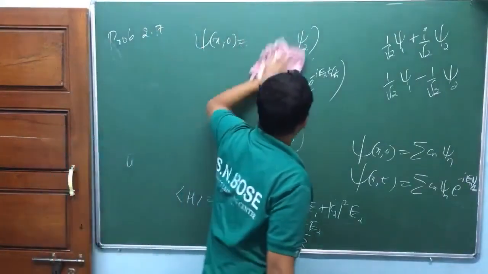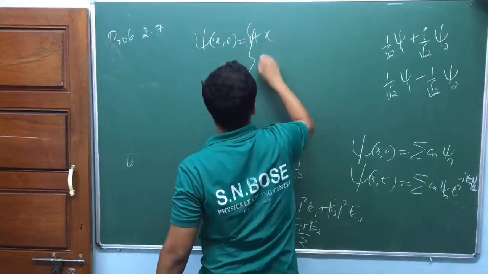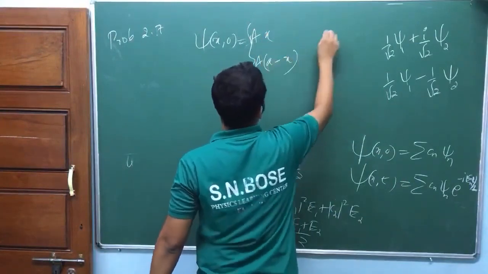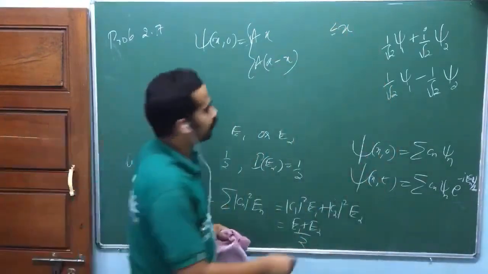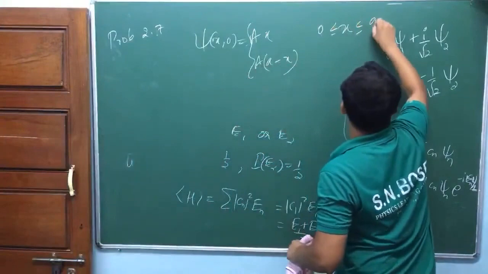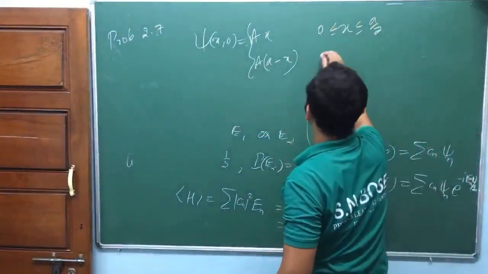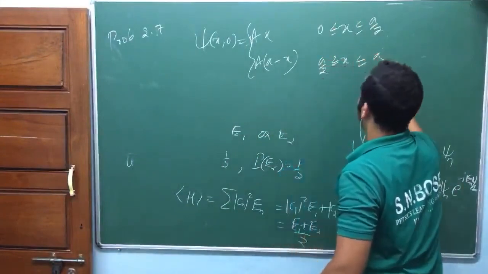Now this problem again contains a into x. I think a into a minus x, isn't it? When x is between 0 to a by 2, and when x is between a by 2 to a, 0 otherwise.